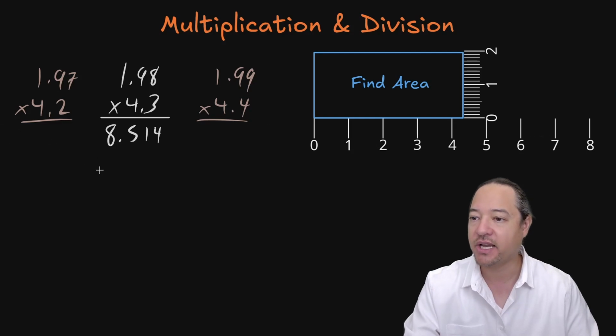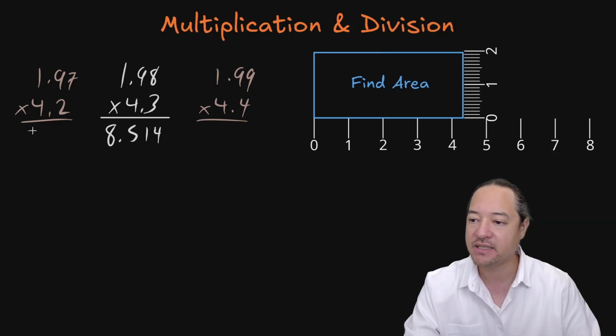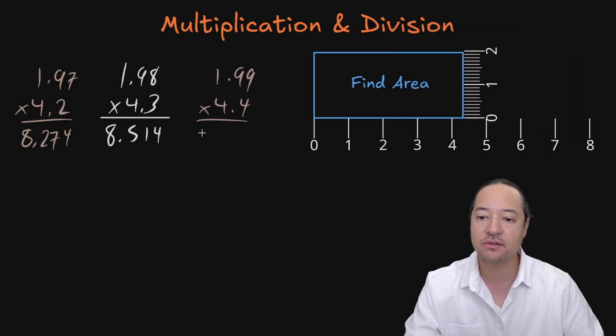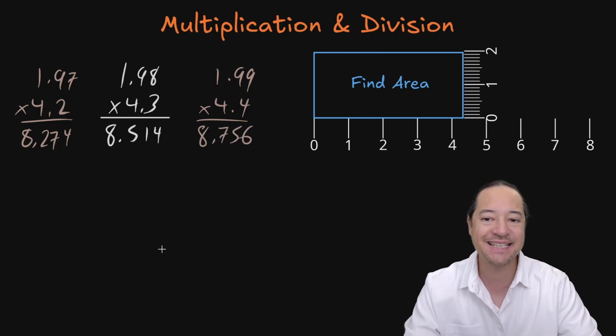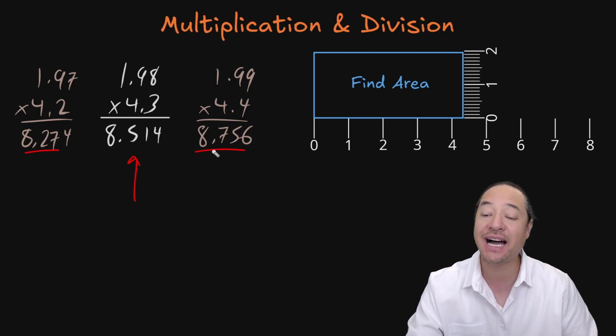Let's see what we get there. 1.97 multiplied by 4.2, we're going to get 8.274, and on the high end, 1.99 times 4.4 gives 8.756 square centimeters. And so what we have here is a range of possible values, where what we estimate to be correct is in the middle, between the low and the high end, right?